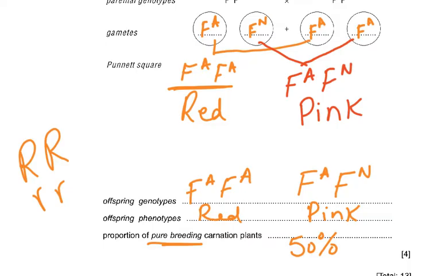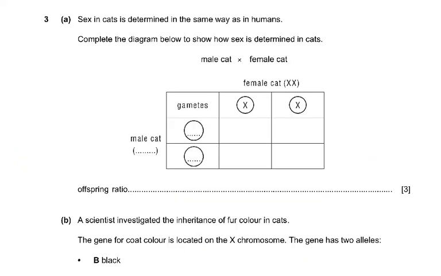Sex in cats is determined the same way as in humans. Complete the diagram below to show how sex is determined in cats, male into female. And then, of course, they draw the Punnett square. So male would be XY. So there would be an X here and a Y here.